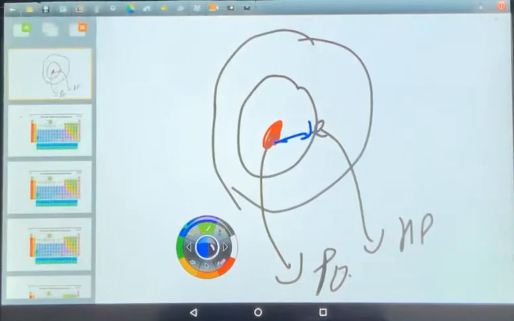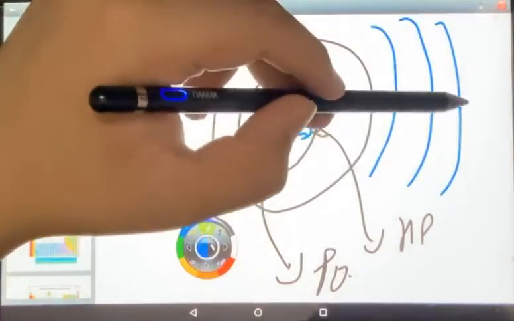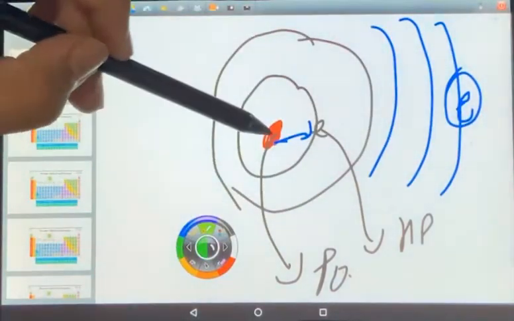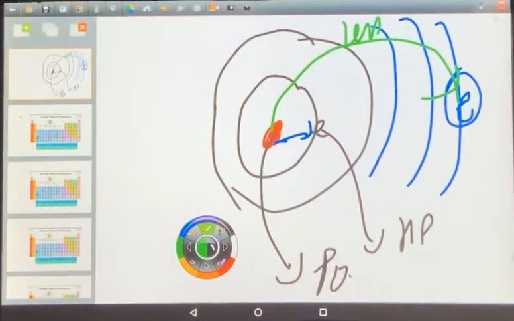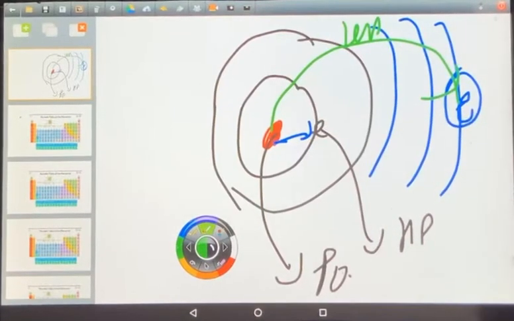There is an attraction, जिससे size छोटा हो रहा है. But when we increase the shells, and suppose I have an electron here, the attraction on this electron will be much less, because there will be too much distance, and also the inner electrons will shield this outer electron. ये इसको बचा लेंगे.